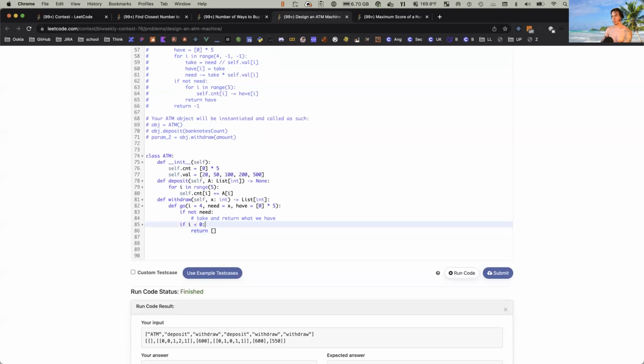Empty array, maybe. Return what we have.